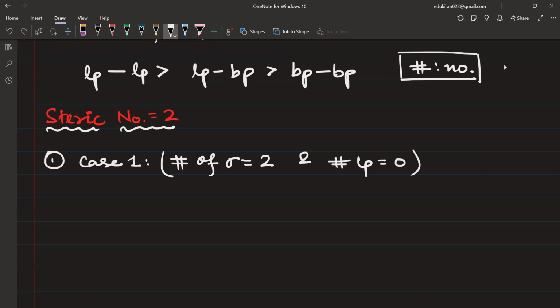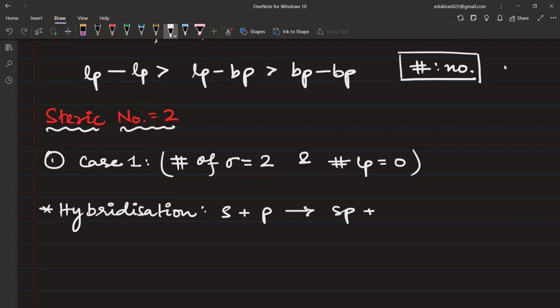That means hybridization. First of all, hybridization for this case will be, we'll have one s and one p. That means there will be 2 sp orbitals. There will be 2 orbitals which will be sp. Okay?